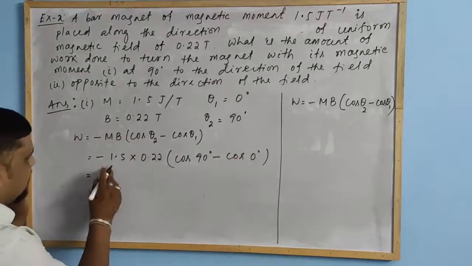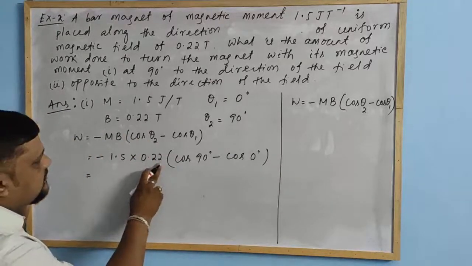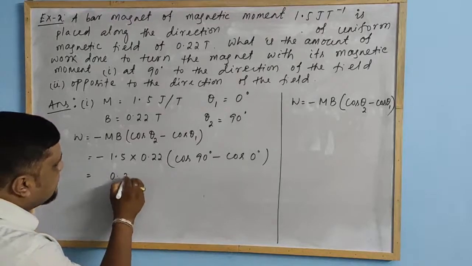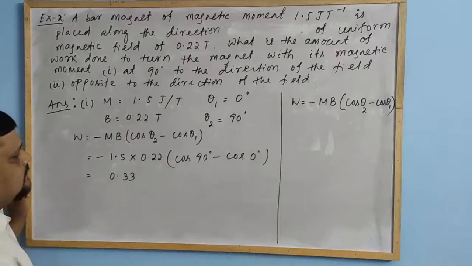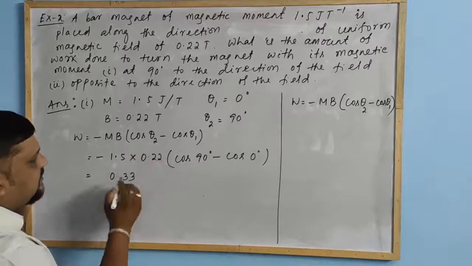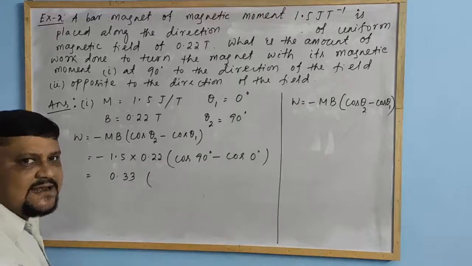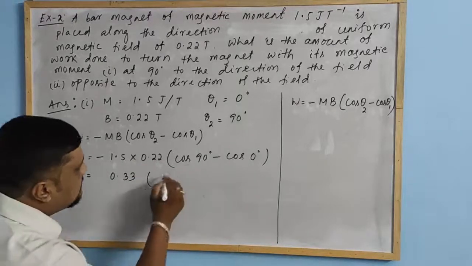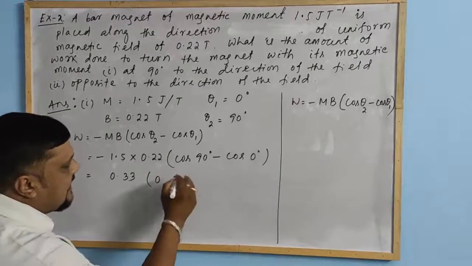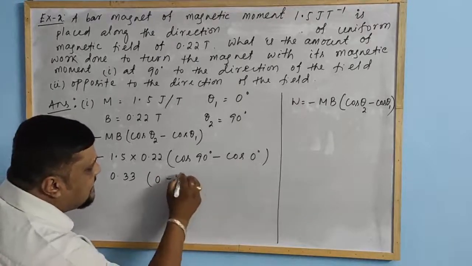So this equals 1.5 into 0.22, which comes out as 0.33, because 1.5 into 0.22 is 0.33. Cos 90: what is cos 90? That is 0, minus cos 0, which is 1.